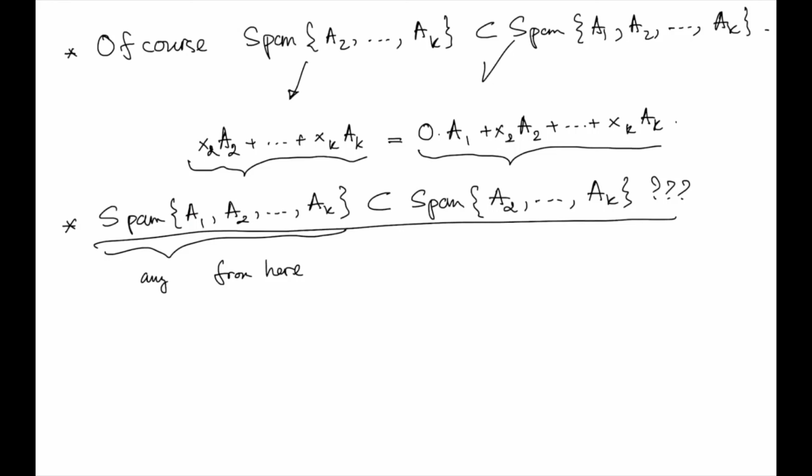Let's say any A from here. A will be a linear combination of S1 A1, and I'm using different notation than R to avoid confusion, S2 A2 plus ... plus SK AK. Then this S1 times A1 is the combination of the others, right? So we substitute it with the combination that we wrote down at the beginning.